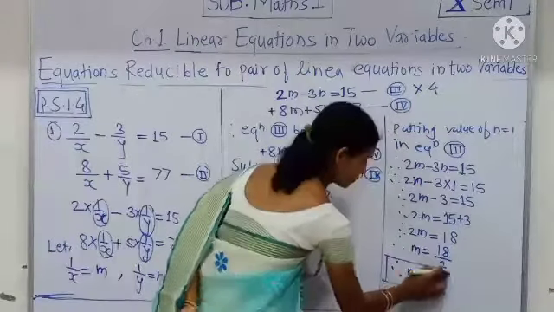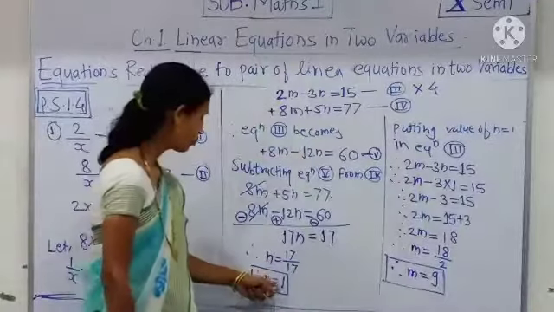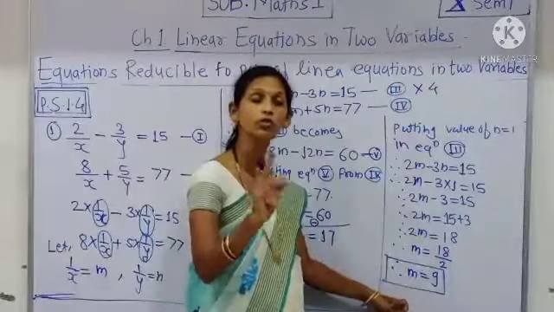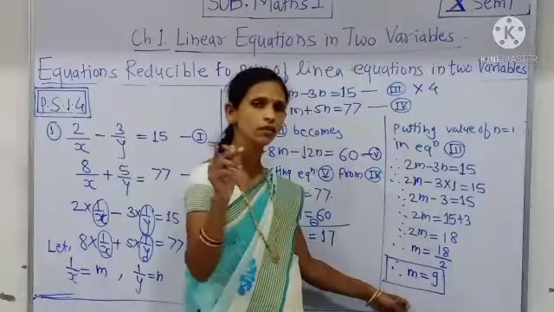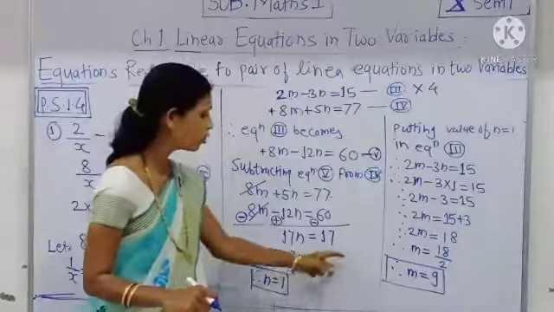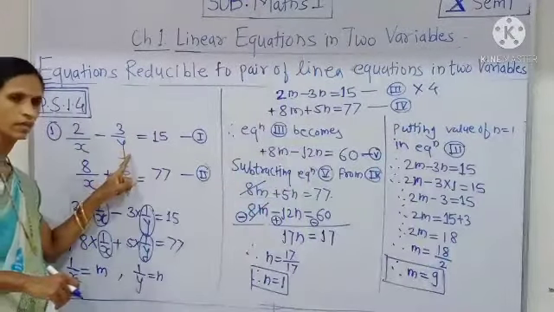Here the values of n and m are not the solution of the given equations. Why? Because these are the values of m and n and not the values of x and y.